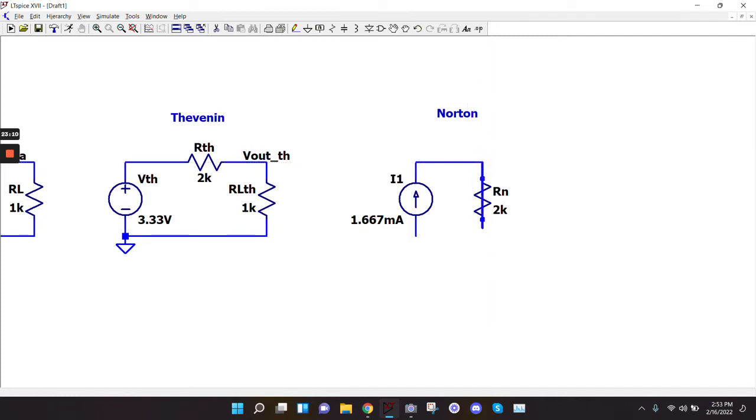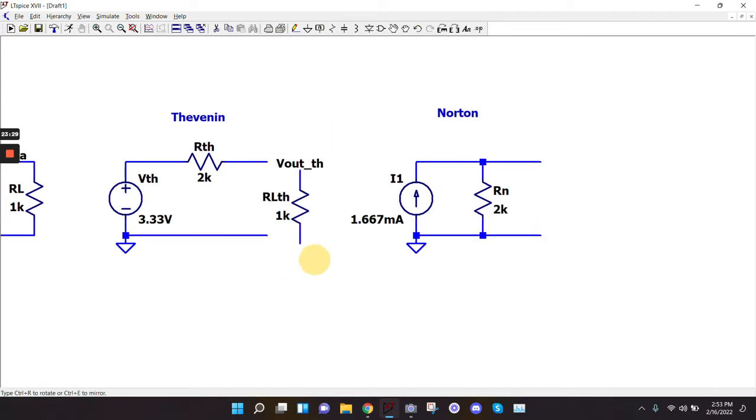So this right here, before I connect anything else, is my Norton equivalent circuit. But I can connect the load to make sure that I did it right. Just to clarify, this is my Norton equivalent, and without this here, that is my Thevenin equivalent, but I connect the load to check if I did it right.